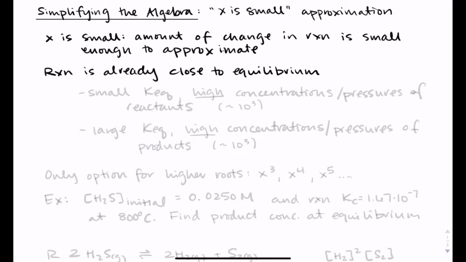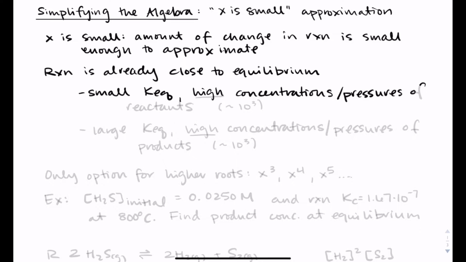So what this really means is that if the reaction is already close to equilibrium, we can say that x is small and use this approximation. This happens in a couple of standout cases, but if you can look and say x is small, then this is when you would apply this simplification.